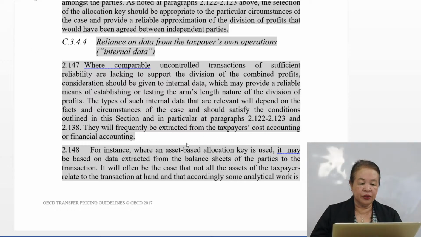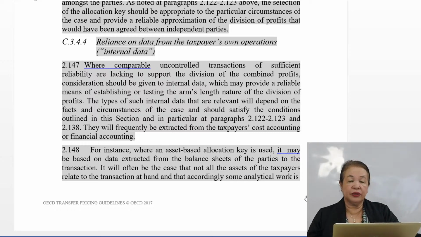So the types of such internal data that are relevant will depend on the facts and circumstances of the case and should satisfy the conditions outlined in this section and in particular at paragraphs 2.122, 2.123, and 2.138.